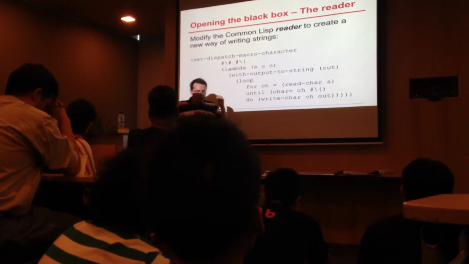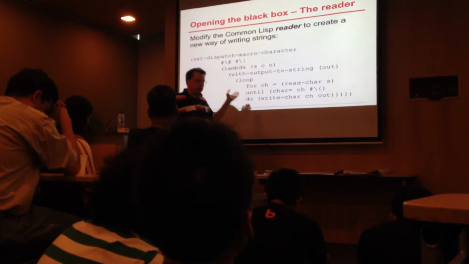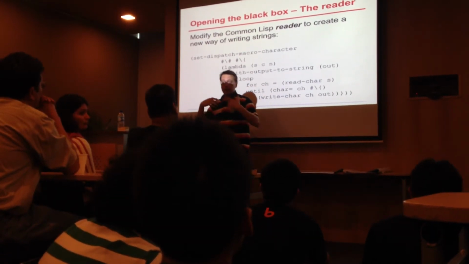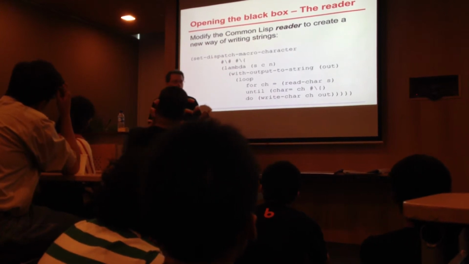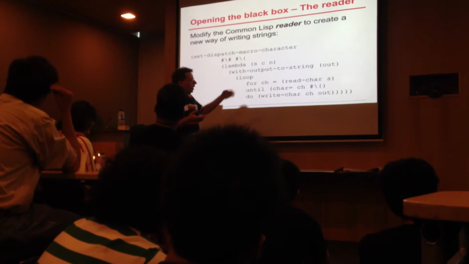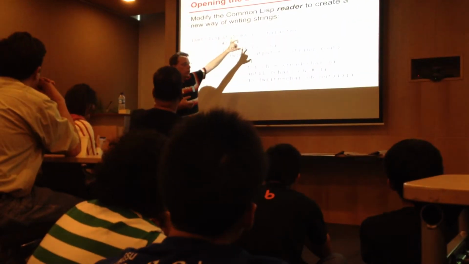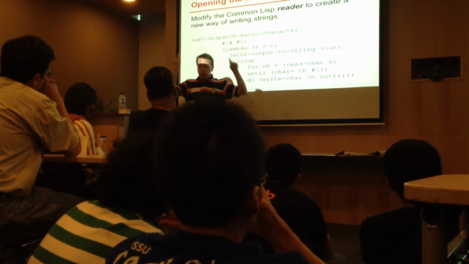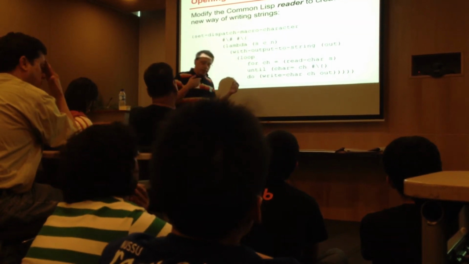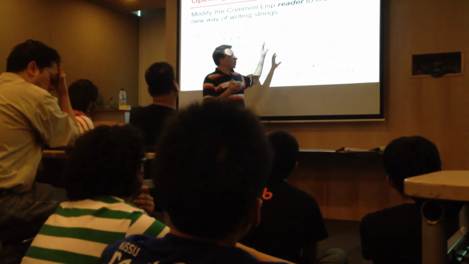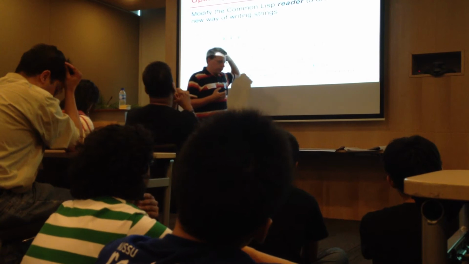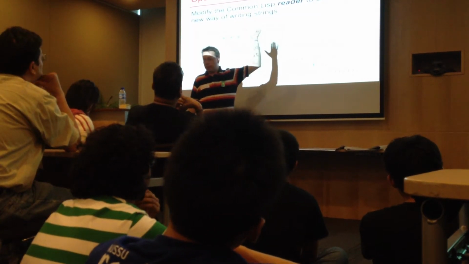So, for example, this feature is used in something called CLSQL, which is one of the SQL client libraries for this. It actually allows you to put in raw SQL code within square brackets. And they did that just by adding their own new reader, called a reader macro.